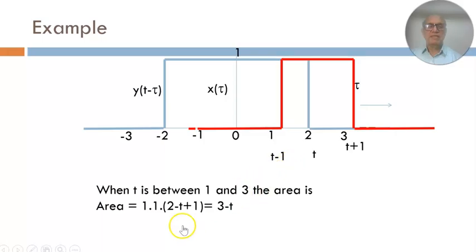So your area will be 1 into 1 as usual, that is the product, multiplied by the width. So that is 2 minus t minus 1, so 2 minus t plus 1, which gives you 3 minus t. And this is as long as t is lying between 1 and 3. As soon as t goes beyond 3, again there will not be any overlap and you will get a 0 result.